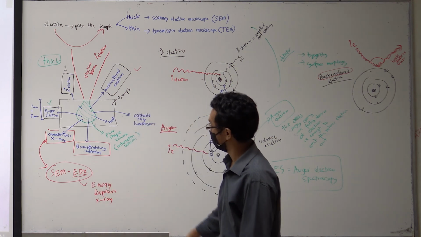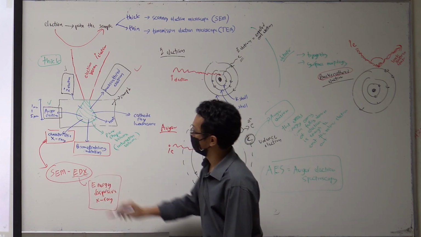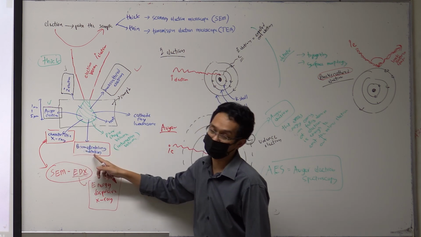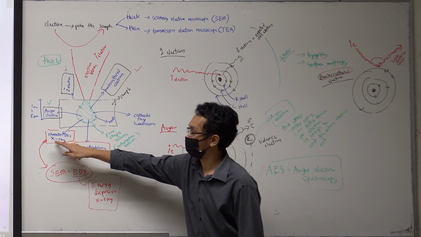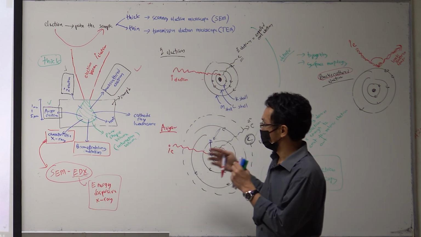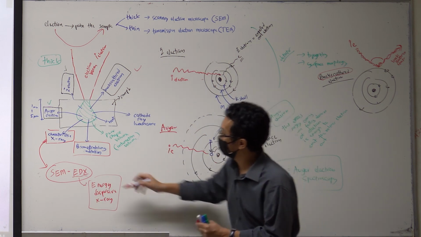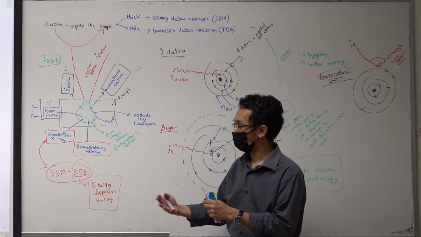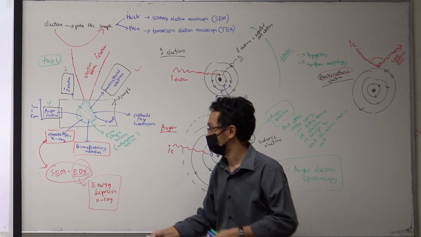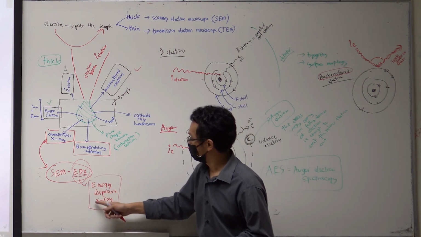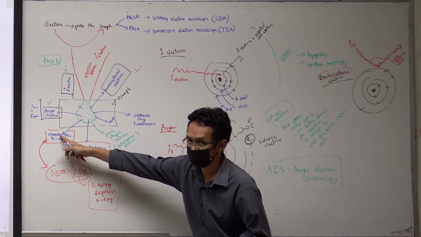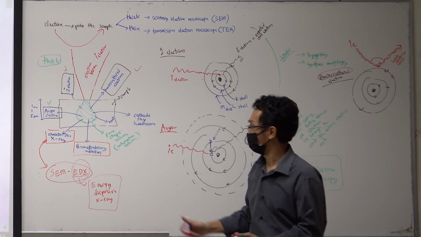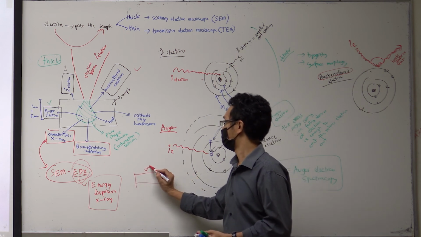We learned about X-rays before. Energy dispersive X-ray. The X-rays we learned about are the characteristic X-ray and Bremsstrahlung radiation. So the characteristic X-ray, as I said, is specific to each material. So if you use EDX, another method, normally you do SEM just to see and EDX to analyze. Basically you can use this characteristic X-ray radiation to study the composition of the material. For example, you have a metal and you don't know what's inside.